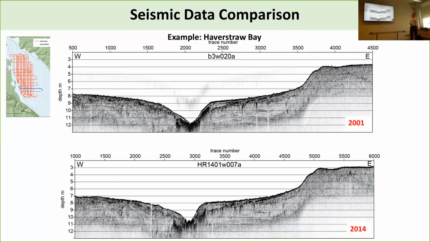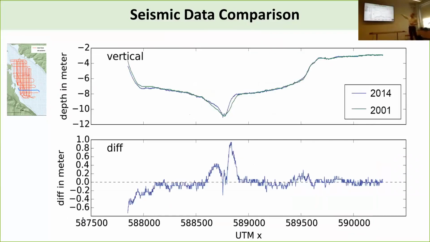So we take this, we trace the bottom of the river in the older and the new data, and then we compare those, so we can plot them on top of each other, make sure the vertical matches as well, and then we can calculate the difference between the two, and then areas where we see a positive change, like where something sticks out, and areas where maybe some sediment was washed away.